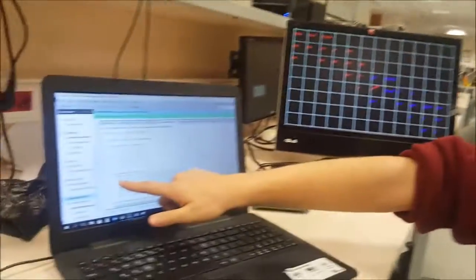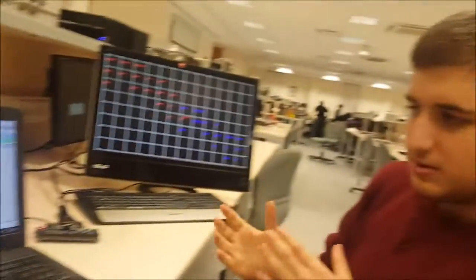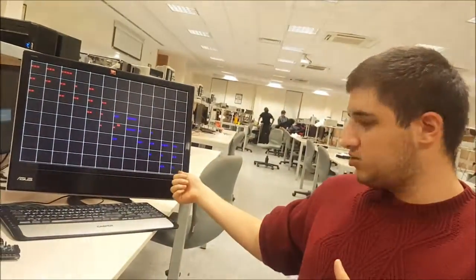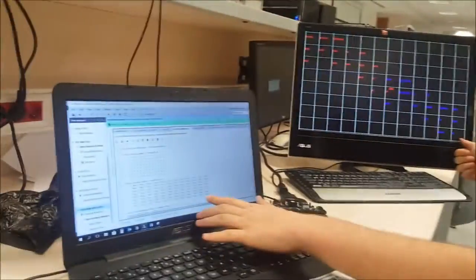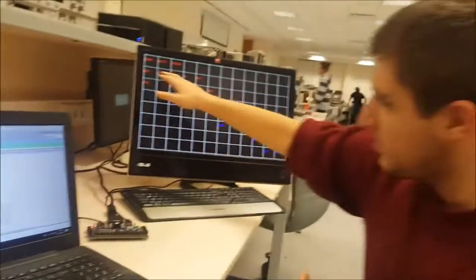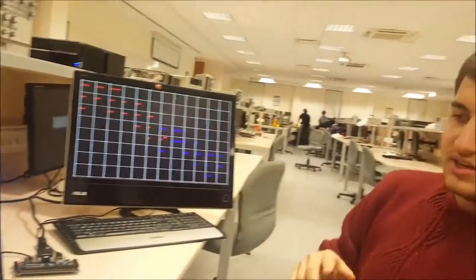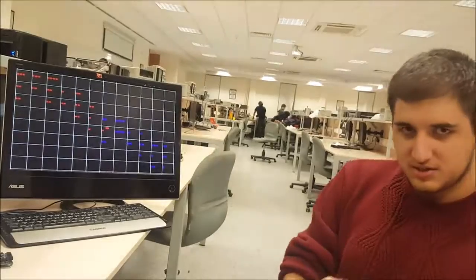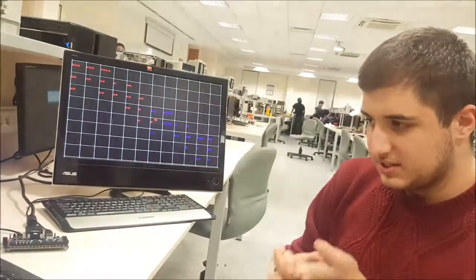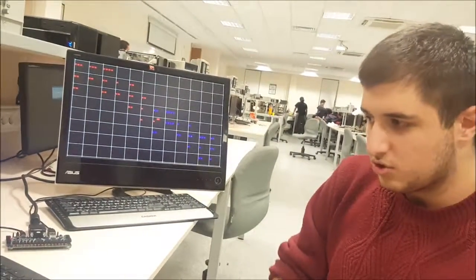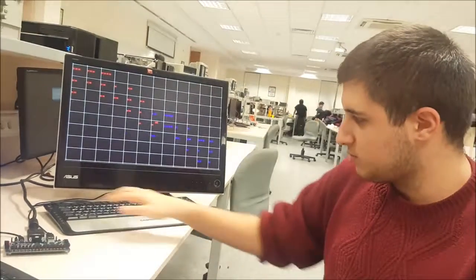For example, 001 means blue, so it draws this part, and 100 means red, and it draws this part. This is because the first bit is the red value, the second bit is the green value, and the third bit is the blue value.